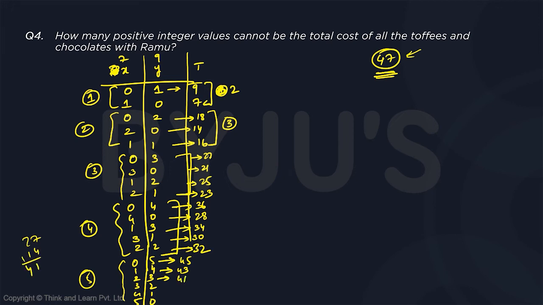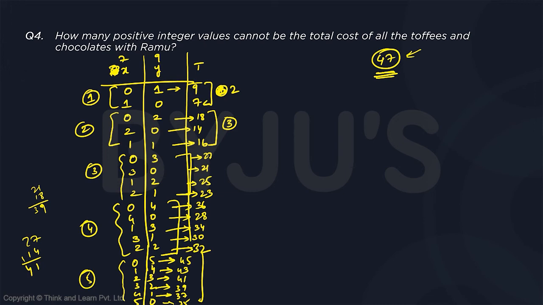Okay, 41 is not a problem. Then you have 21 plus 18, which is 39. And then 7 fours are 28, 28 plus 9, 37. And then 7 fives are 35. So all of them are possible.